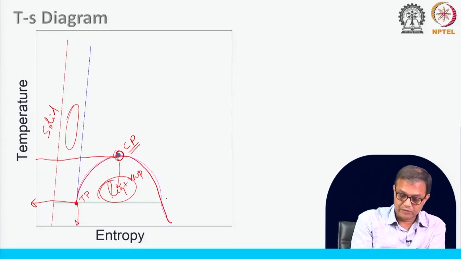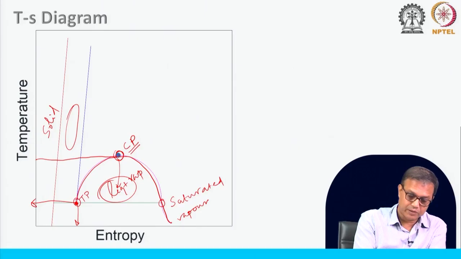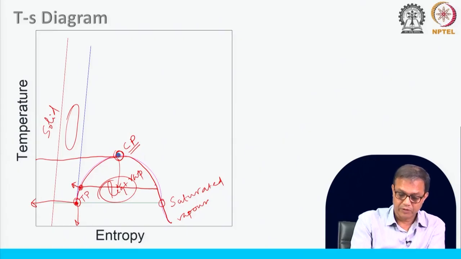This we call saturated vapor. On this side we have the complete saturation, not at the triple point. On this side, if we draw a line like this, this will be the saturated liquid. On this side we have the saturated vapor.